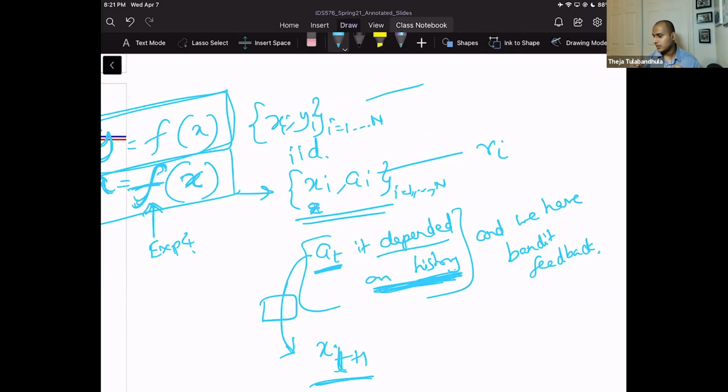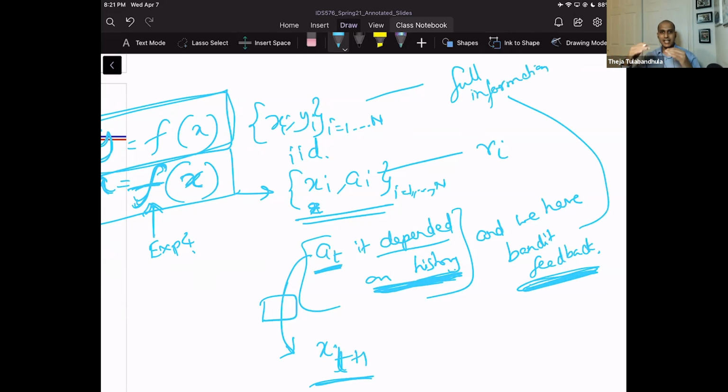So there is bandit feedback, which is the issue. That's what causes the data dependency aspect. Bandit feedback and dependency together make it different from supervised learning. In supervised learning, the equivalent term is called full information.